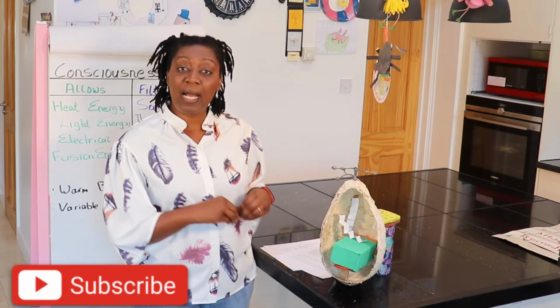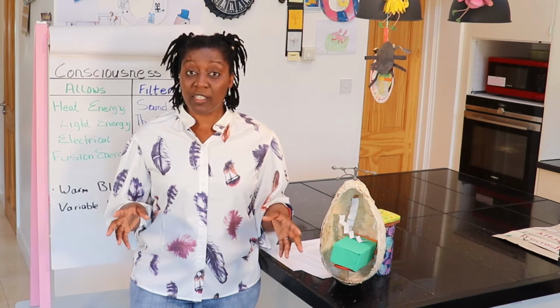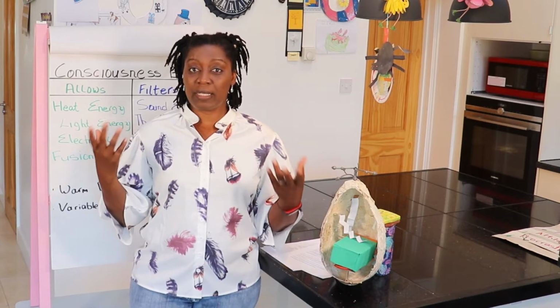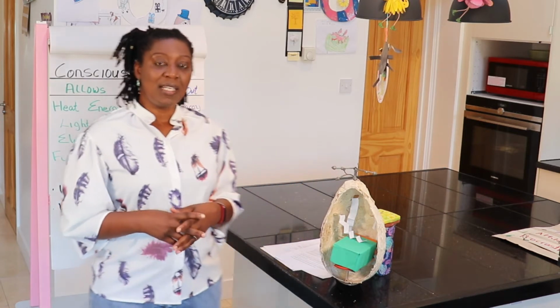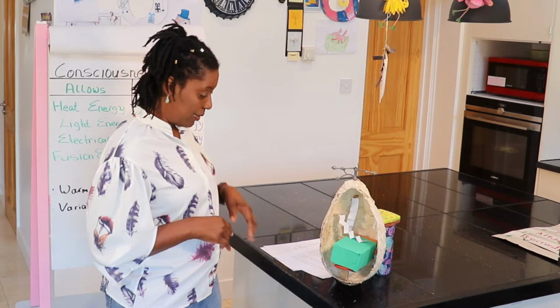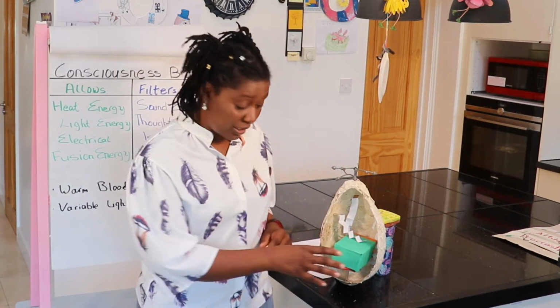And in this video, I am going to talk about the mesh filter limiter and how it makes you. So let's get started. In the last video, we talked about the pineal gland.